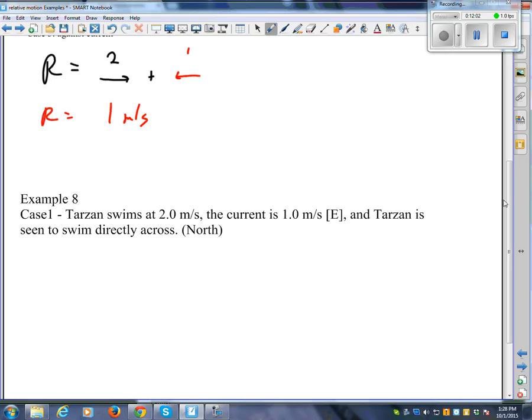So it's code for the resultant, right? He's going this way. Here's the current. There's the result. How do I know the resultant is straight across? He's seen to swim directly across.